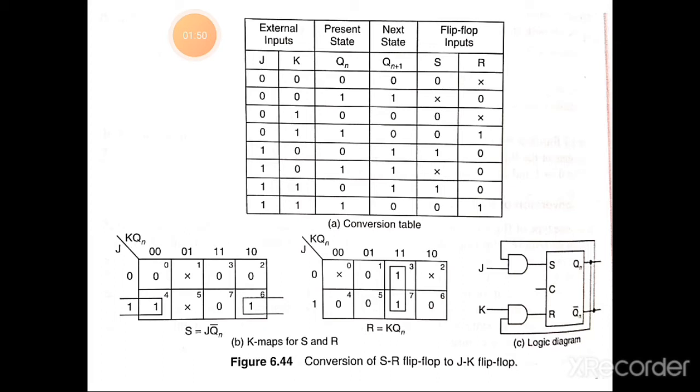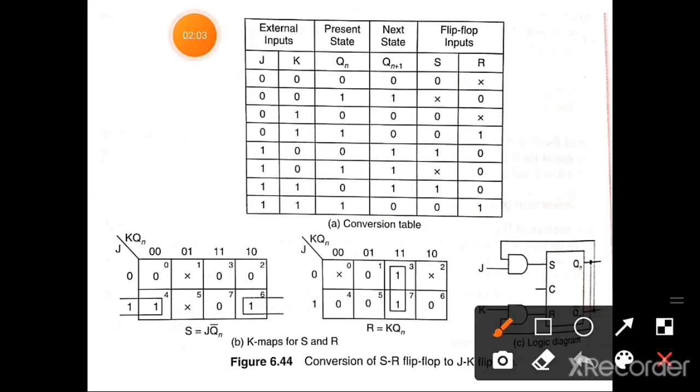Then next, we are writing the values of S and R required to get each Qn plus 1 from the corresponding Qn. So here we are using the excitation table of SR flip-flop, containing two inputs Qn and Qn plus 1.